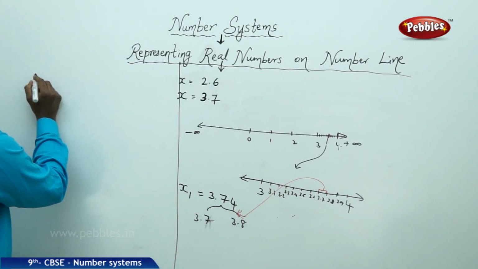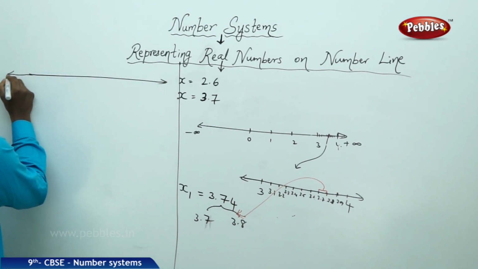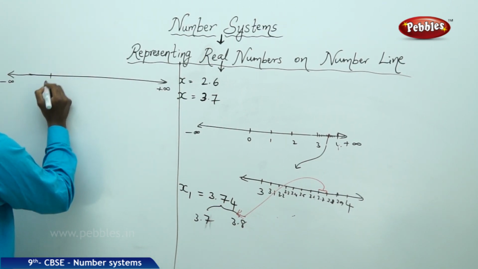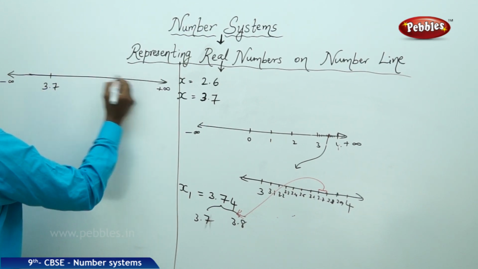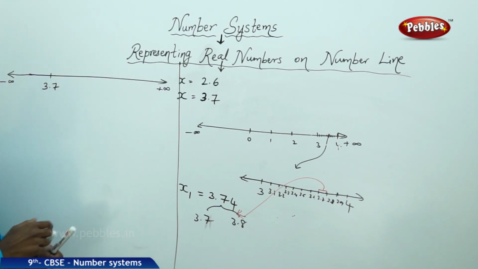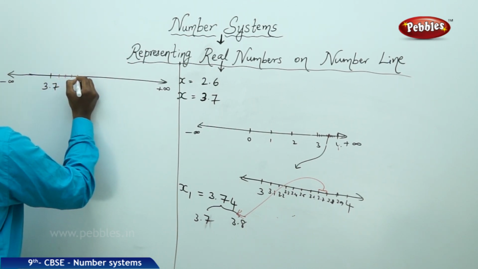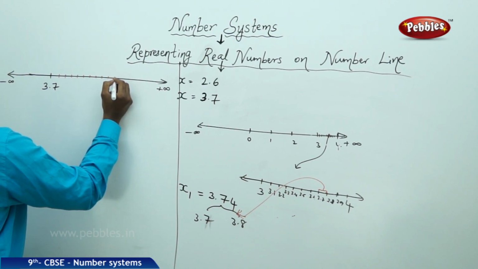So we get minus infinity to plus infinity, I take 3.7 and 3.8 and I subdivide this into 10 different intervals. 1, 2, 3, 4, 5, 6, 7, 8, 9, 10.